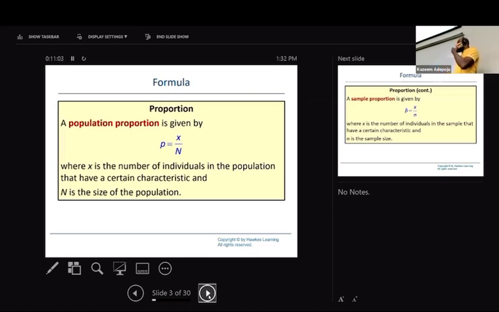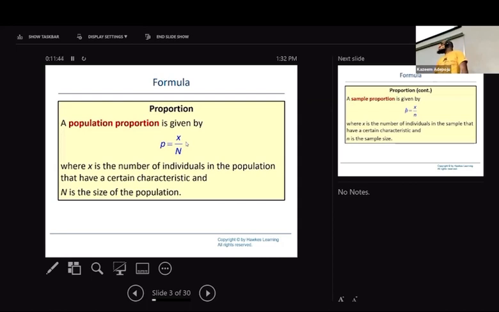If we have access to the whole population, which I know we don't, then the parameter of interest is given by this formula here, where N is the totality and X is the number of individuals in the population that possess the characteristic of interest. A very good example of this: I want to determine the popularity of a sitting president.